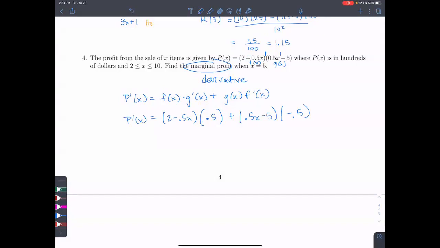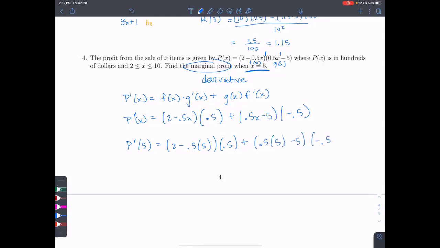Sorry, that derivative is nuts. Okay. And then to figure out when x equals 5, you would plug in 5. So the calculator.